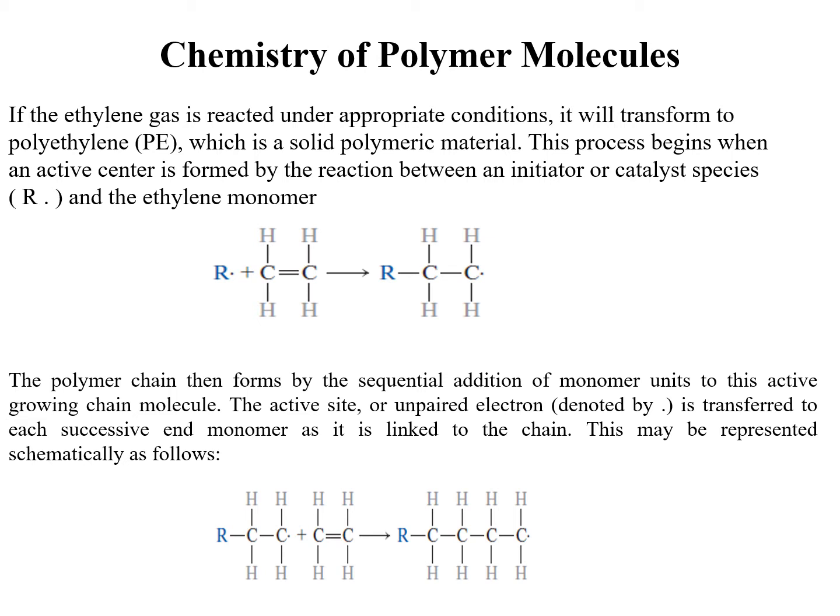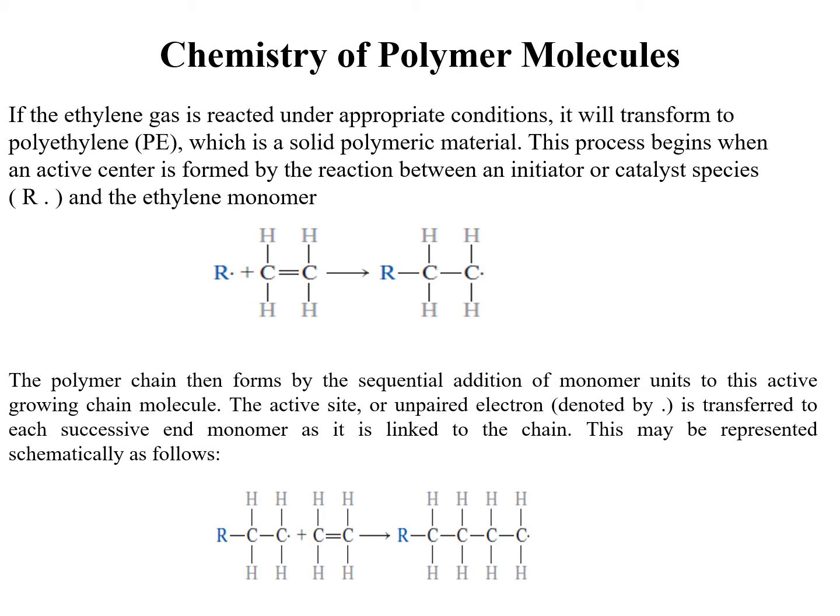Okay, so the polymer chain then forms by the sequential addition of these monomer units to the active growing chain, to this active site. And the unpaired electron is transferred to each successive end of the monomer.